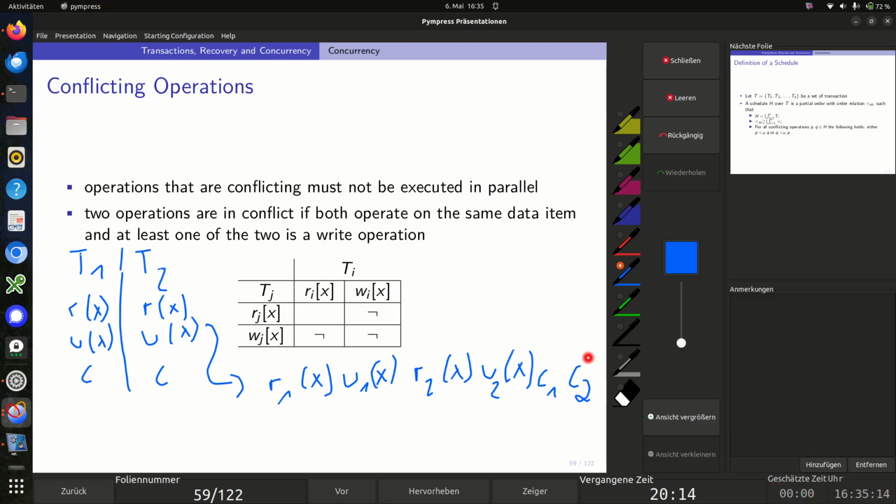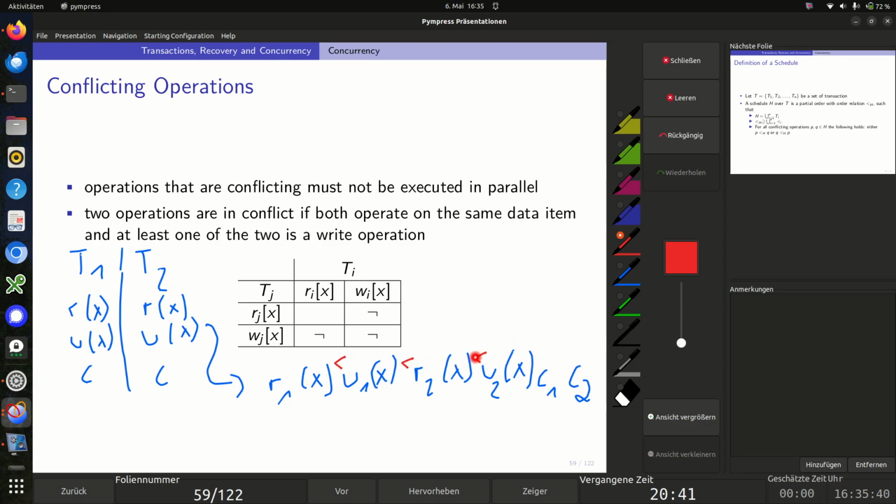And then the idea is, okay, what are the conflicts? And the conflicts, of course, are always when a write is incurred. So here we have a write, so we know the write must happen after the read. Then we have another one. Write always incurs a conflict with read, so we have another conflict here, another one, and so on.